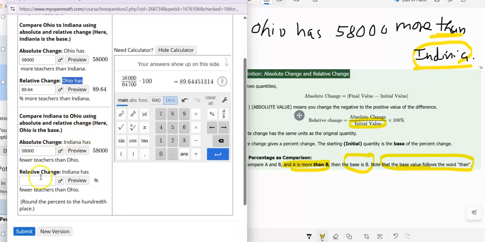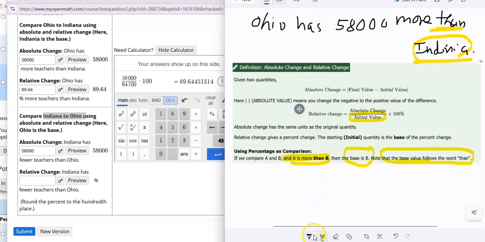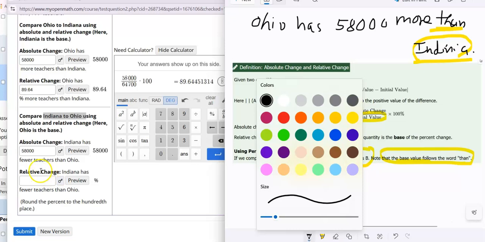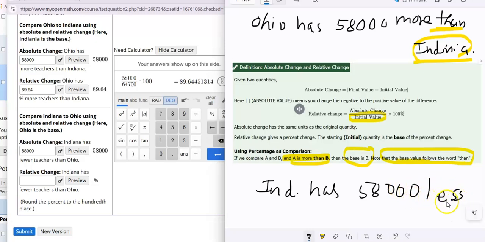But if you do relative change for Indiana to Ohio, in this case the other way around, Ohio is the base value. So in the second question we can say Indiana has 58,000 fewer teachers than Ohio.